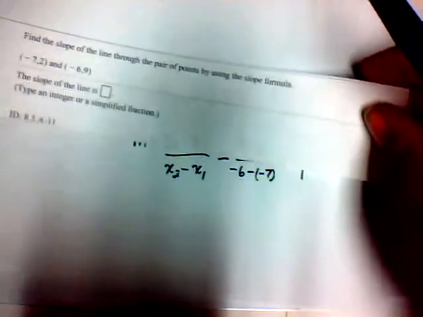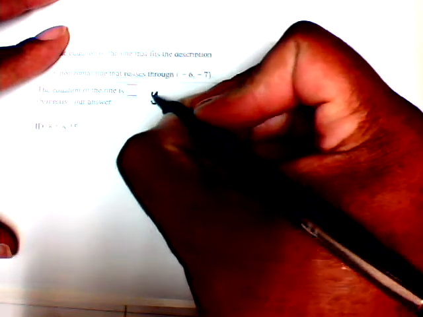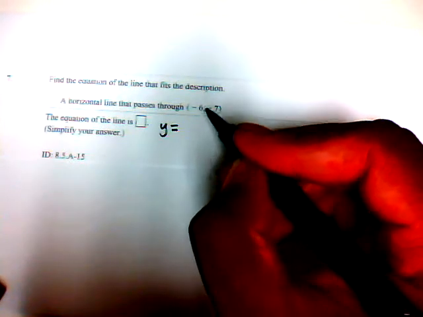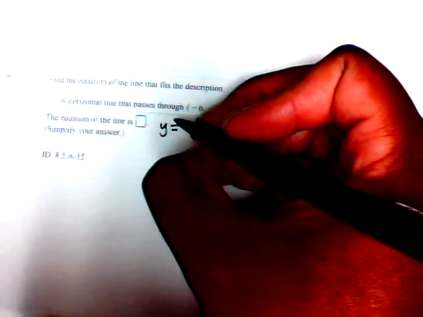Okay, problem number 7. You want to find the equation of the line that fits the description. Here you have a horizontal line that passes through (-6, -7), that's your ordered pair. Since it's a horizontal line, its equation is always y equals something, and it's equal to the y-coordinate of this point, which is negative 7.